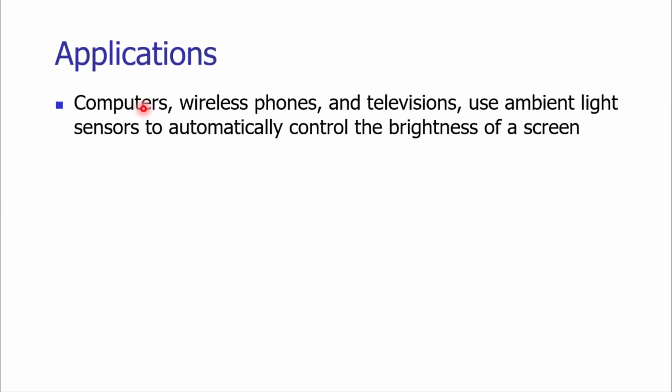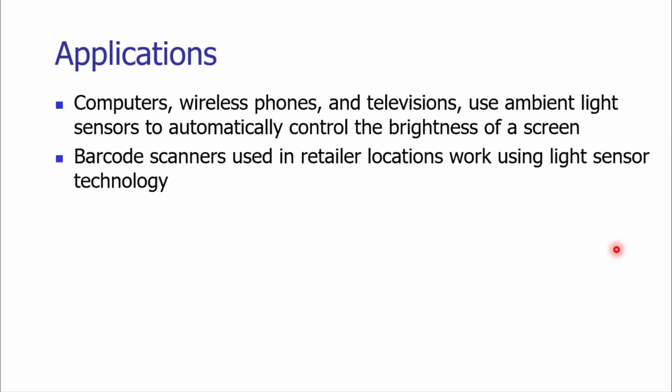These sensors are used in computers, wireless phones, and televisions. When more ambient light is incident upon these sensors, they automatically control the brightness of the screen. The LDRs are also used in barcode scanners, which you might have seen at various retail stores.